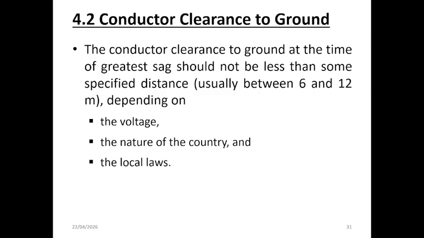In addition, local laws and regulatory standards must be strictly followed by designers. Therefore, ensuring adequate ground clearance is a fundamental aspect of transmission line design to maintain safety, compliance, and reliable system operation.